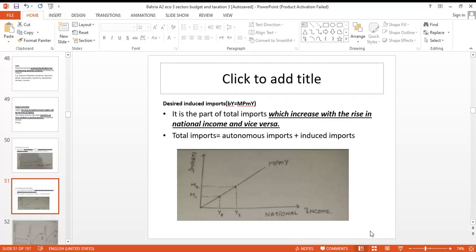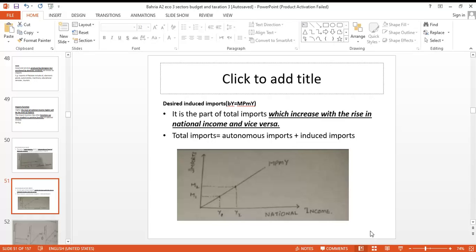So if your income goes up by 100, what is your inclination to import, to spend part of that increase in income on imports? Let's say you spend $60 on imports. I'm taking a very hypothetical example here, and an outlandish one, but nonetheless, let's say that you spend $60 on imports.